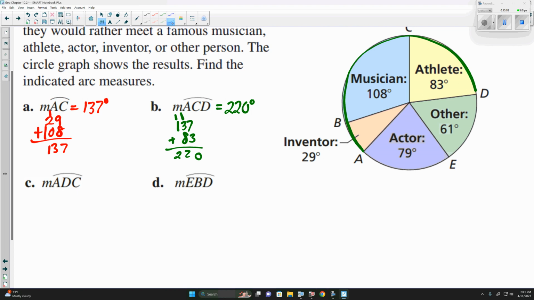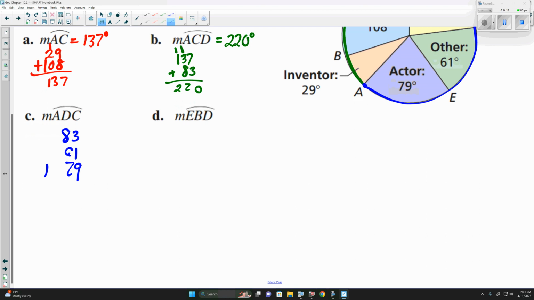The next one we have is ADC. So A through D to C. So we can add 83, 61, and 79. If I was adding these together, I would do 9 and 1 first, because 9 and 1 makes a nice number.